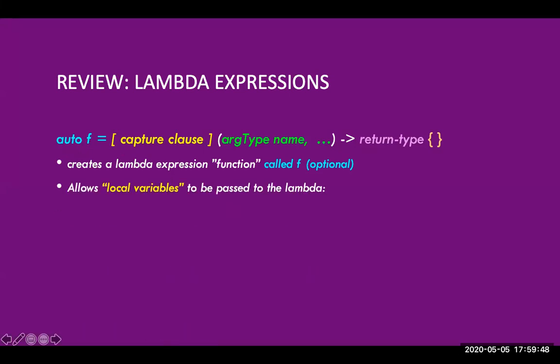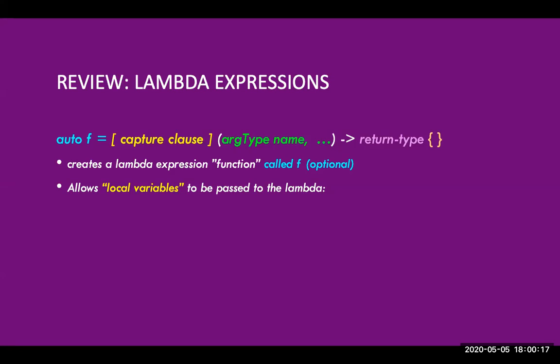And the capture is very powerful, but somewhat confusing. It doesn't have a super strong corollary to functions, but it does have a corollary to the functors, which we just talked about. When we create an instance of a functor and we pass things into its constructor, that constructor is very much like this capture clause. And if you read up on lambdas, they'll tell you that, at least in major compilers, they're implemented via functors.